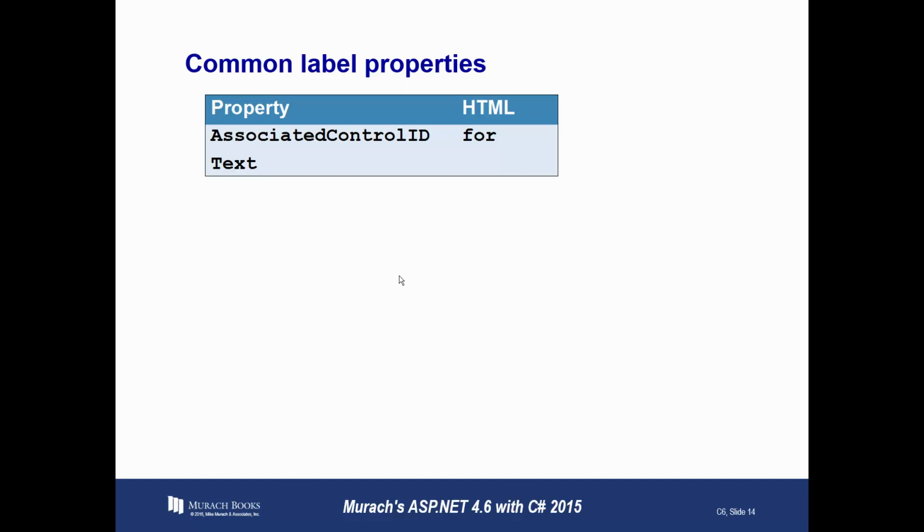But if you use server-side labels, you use the associated control ID, whereas you use the for equals when you're using browser-side controls. Sometimes they say this property is required, like when working with checkboxes and radio buttons. The text property is what you put into the label.